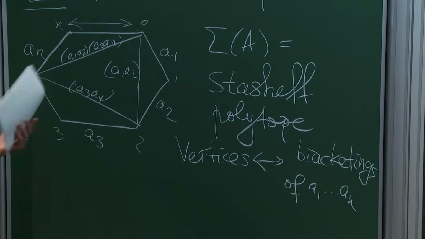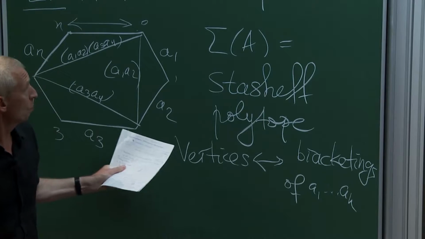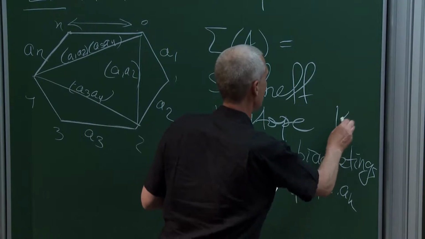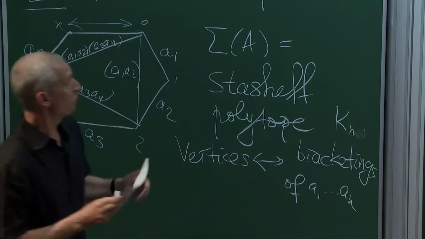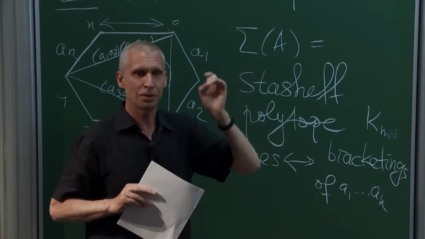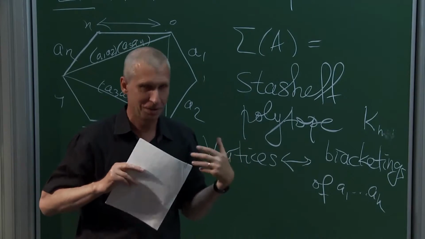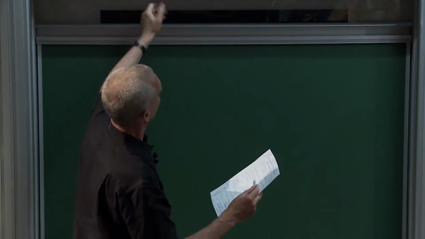Those polytopes are, of course, very classical and very well known. What's important, let's call it polytope K_{n+1}, K_n, is that they form an operad, which means every face of the associahedron is a product of other associahedra.